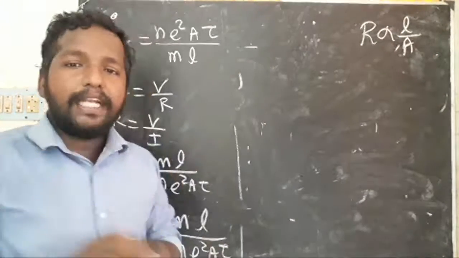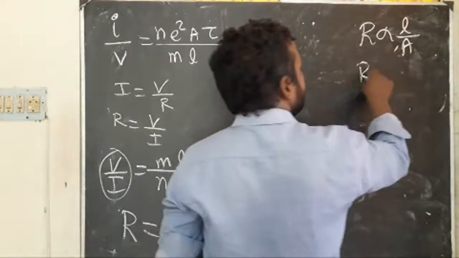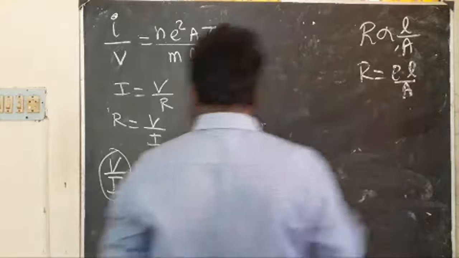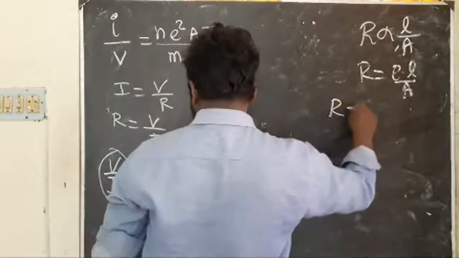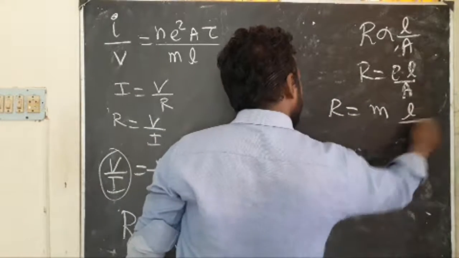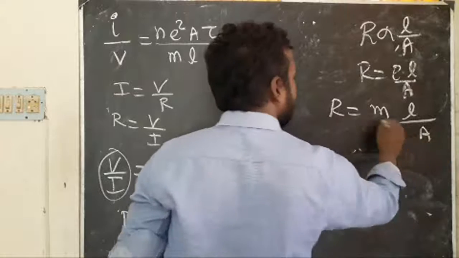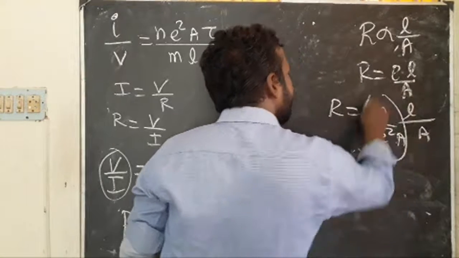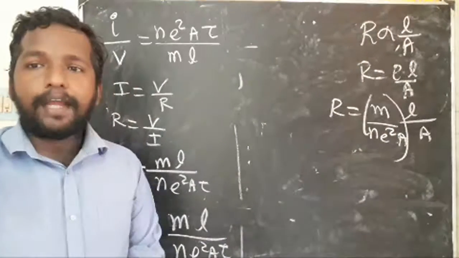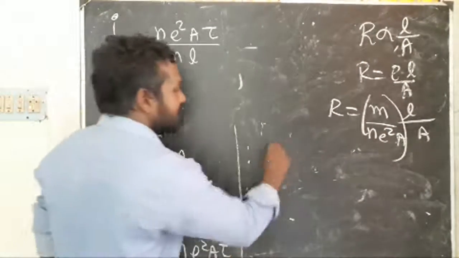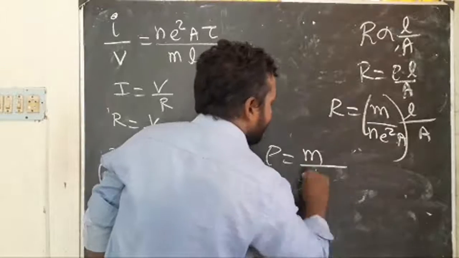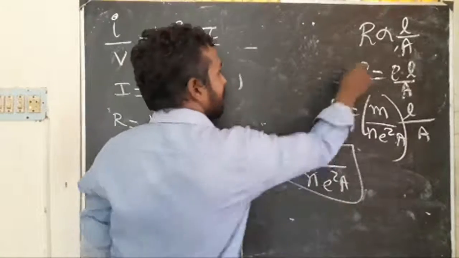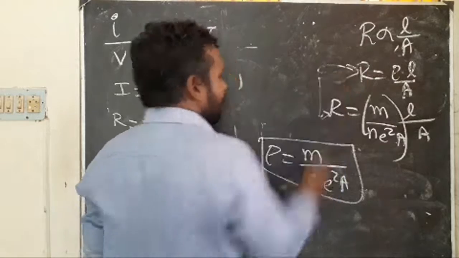When we are moving from directly proportional, we should include the constant, that is resistivity, times length by area. So the same equation, R is equal to m L divided by n e square A tau times A. This together we can take as the resistivity. Now we got what is resistivity: resistivity is equal to m divided by n e square tau. Just by comparison of these two equations, I'll get the resistivity.